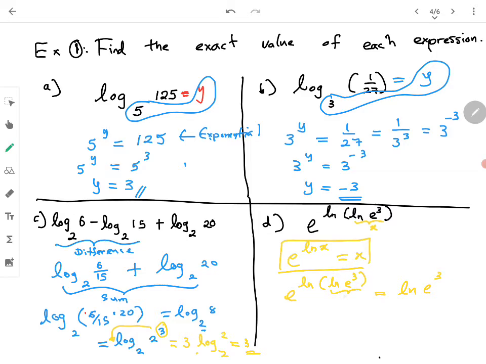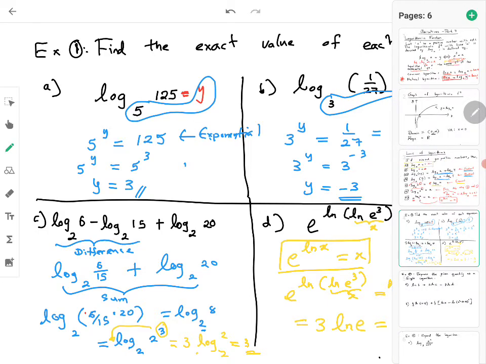So this acts as x. So this is ln e cube. Now to simplify this, use the exponent rule. So bring the 3 in front. Then natural log of e is equal to 1. 3 times 1 is equal to 3. Okay. So those are some examples on how to use the log rules.